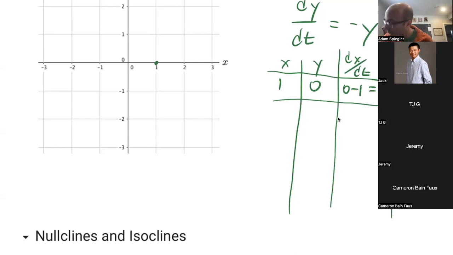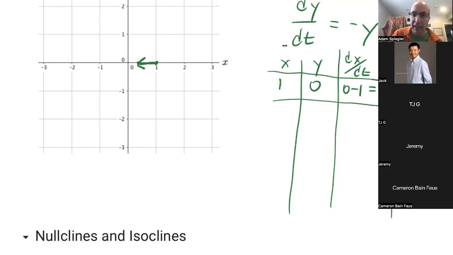Because it's negative, we're going to go directly to the left, and there's no vertical component. So it looks like this. Yeah, so that's going to go directly to the left. Any questions?